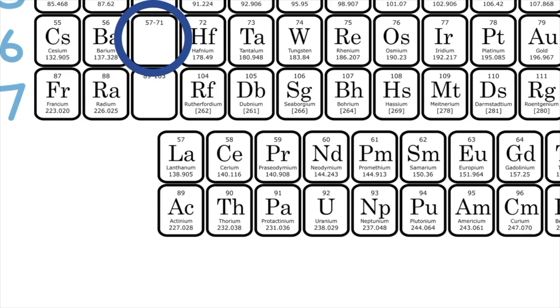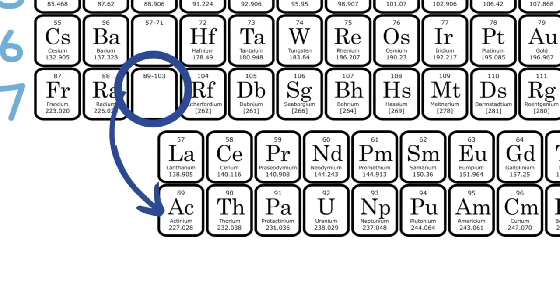So this space is reserved for the elements who have the atomic numbers 57 to 71. And if you look here, the atomic number of lanthanum is 57. So this row starting with lanthanum fits right here. Also, if we look at row 7, there is a space left here for atomic numbers 89 to 103, and that's exactly where this bottom row goes.